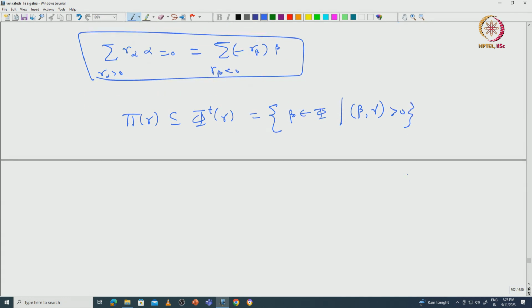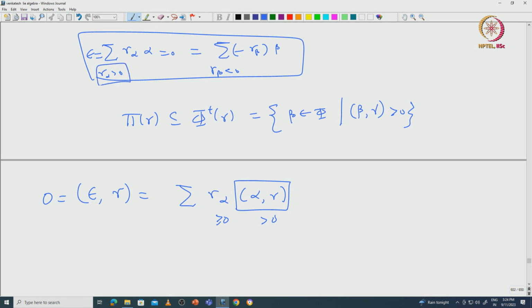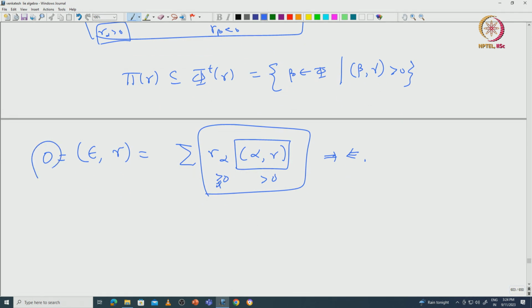So if we take epsilon, then the inner product of epsilon and gamma is the summation of r alpha times the inner product of alpha and gamma. This is 0 on the one hand, but these alpha-gamma products are all positive, and the r alpha are all positive. That gives a contradiction, because we are summing positive terms and getting 0, which cannot happen unless the sum is empty.